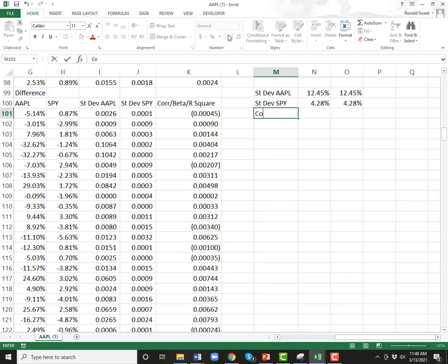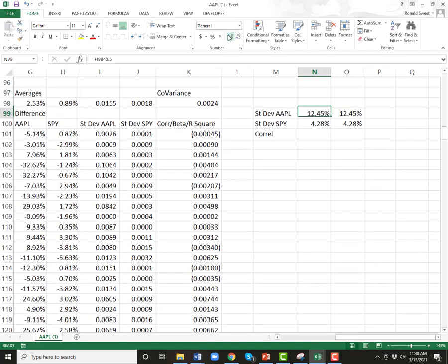Now let's look at correlation. Correlation, here we can just do Apple to the market because we only have two things here. So remember, for this, we take the covariance and divide it by the standard deviation of Apple times the standard deviation of SPY. And that gives us correlation. Let's check that. Equals CORREL in Excel.